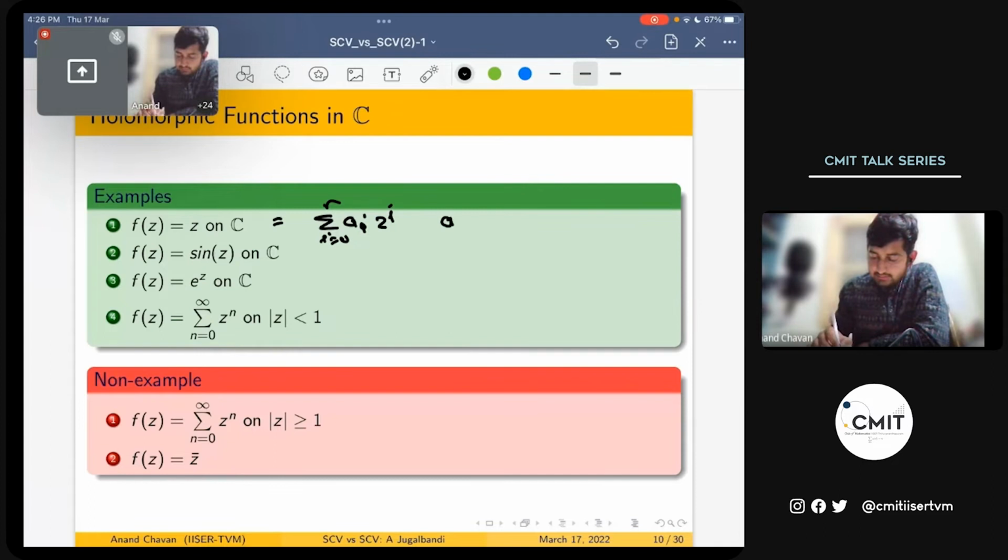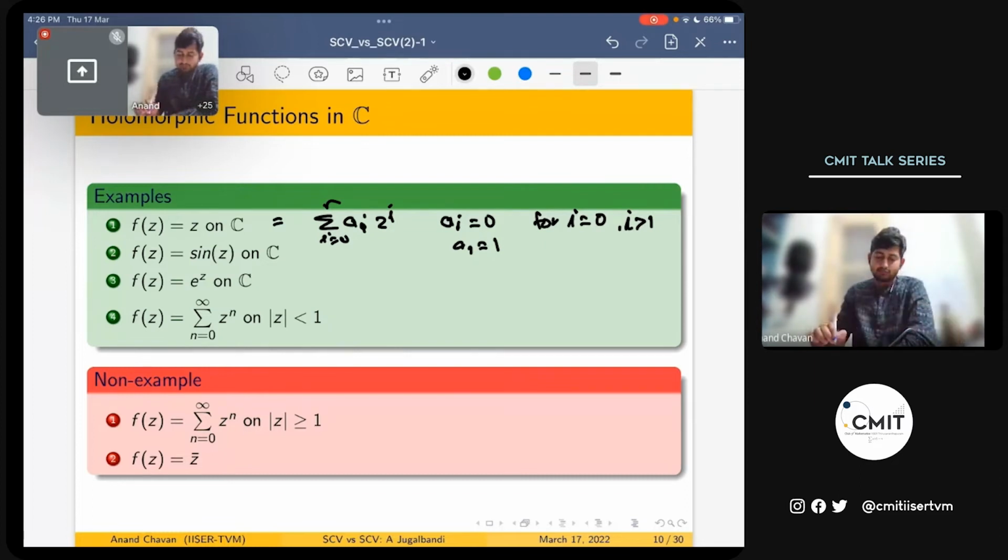So a_i is 0 for i equal to 0 and for i greater than 1, and a_1 is equal to 1. So it's already written as a power series expansion. So this function is a holomorphic function.